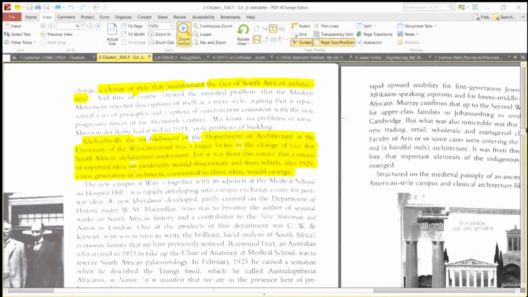Undoubtedly, the establishment of the Department of Architecture at the University of the Witwatersrand was a major factor in the change of face that South African architecture underwent. For it was from this source at Wits that a stream of imported ideas of modernity would disseminate, and from which, after 1929, a new generation of architects committed to these ideas would emerge."